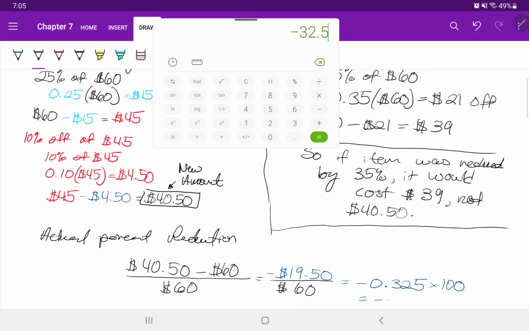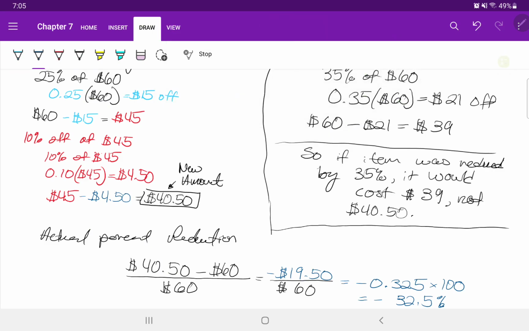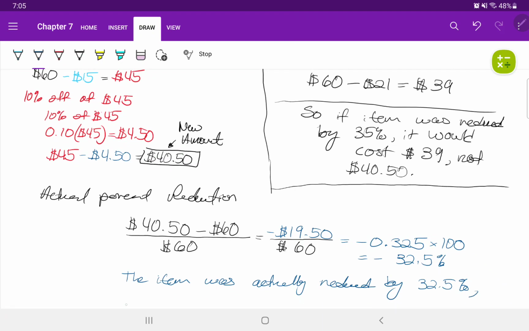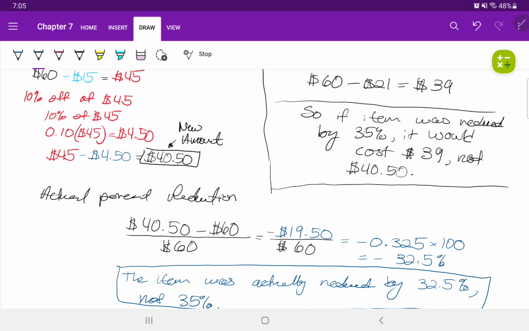That's going to equal negative 32.5%, which means the item was actually reduced by 32.5%, not 35%. And once again, that means the advertiser lied.